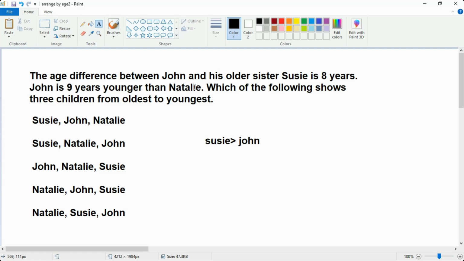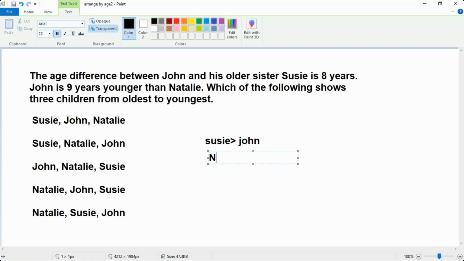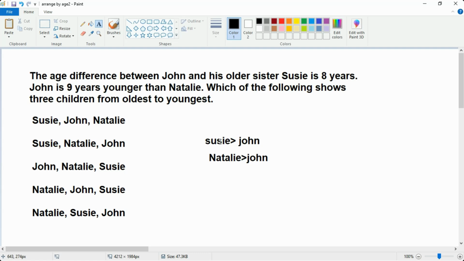In this case, Natalie is 9 years older than John. So this means the same thing, right? John is 9 years younger than Natalie means Natalie is 9 years older than John. So in this case, Natalie is older than John. So now we have to compare Natalie and Susie.